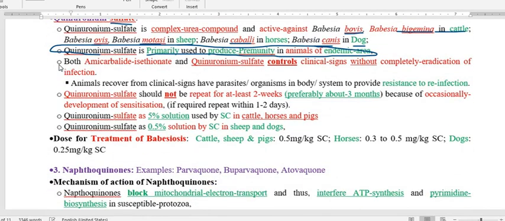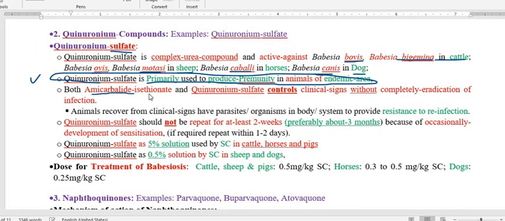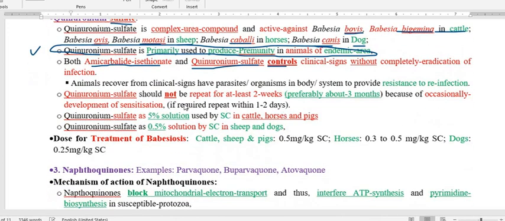So amicarbalide isethionate, pentamidine isethionate, and quinuronium sulfate are going to produce immunity against the protozoa, which we call pre-immunity. Therefore, here it is also written that amicarbalide isethionate and quinuronium sulfate are used to control Babesia by giving pre-immunity.